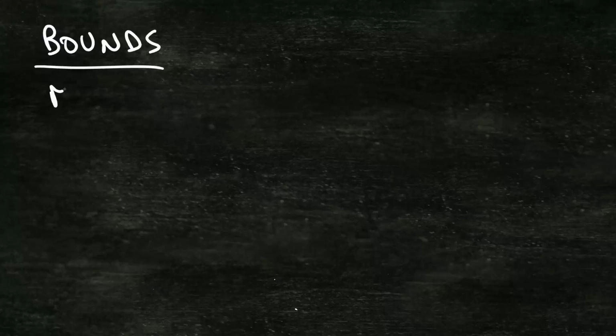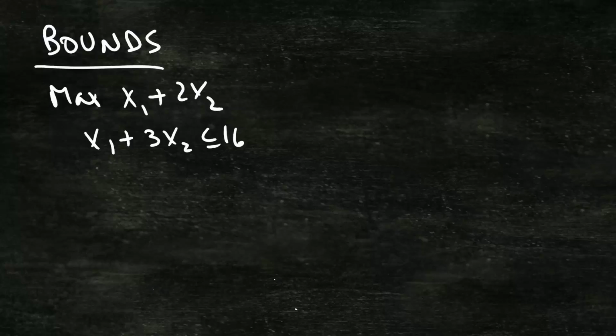The other topic that we need to deal with is the topic of bounds. So let's go back to our original problem: maximize x1 plus 2x2, subject to x1 plus 3x2 less than or equal to 16, and x1 plus x2 less than or equal to 7, and then x1 and x2 had to be greater or equal to 0.